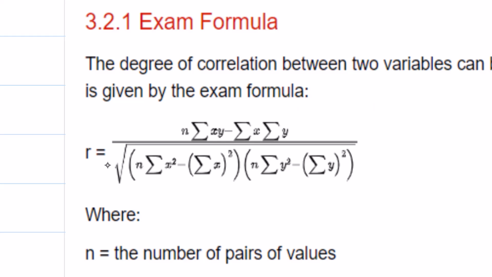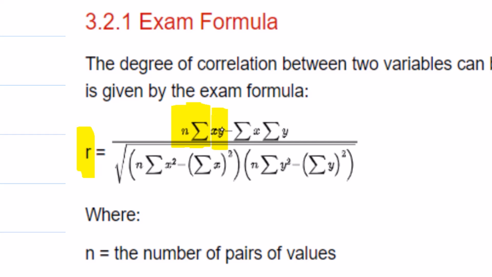Here's that formula again. To calculate the R, the correlation coefficient, we need some data, and then we need to perform some calculations. N is the number of rows in our data set, the number of observations we have. The capital sigma stands for sum.